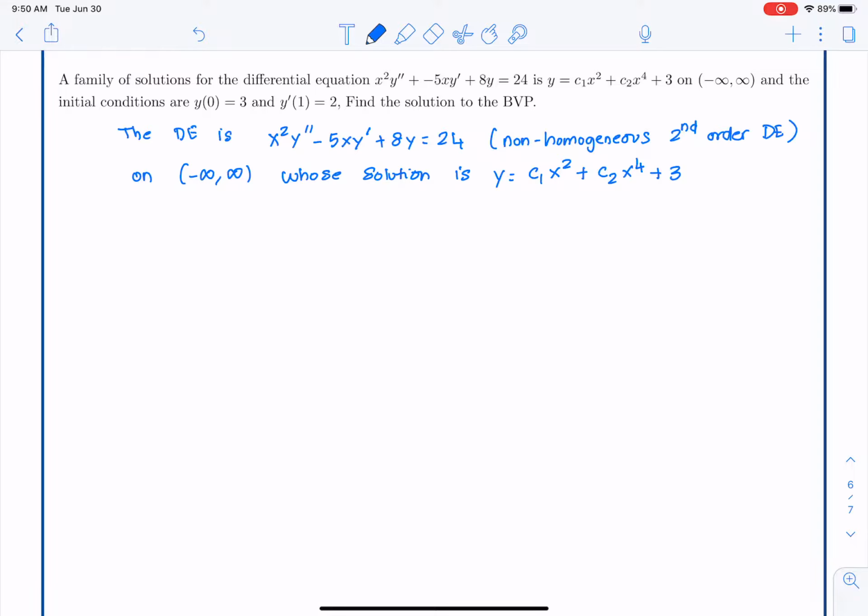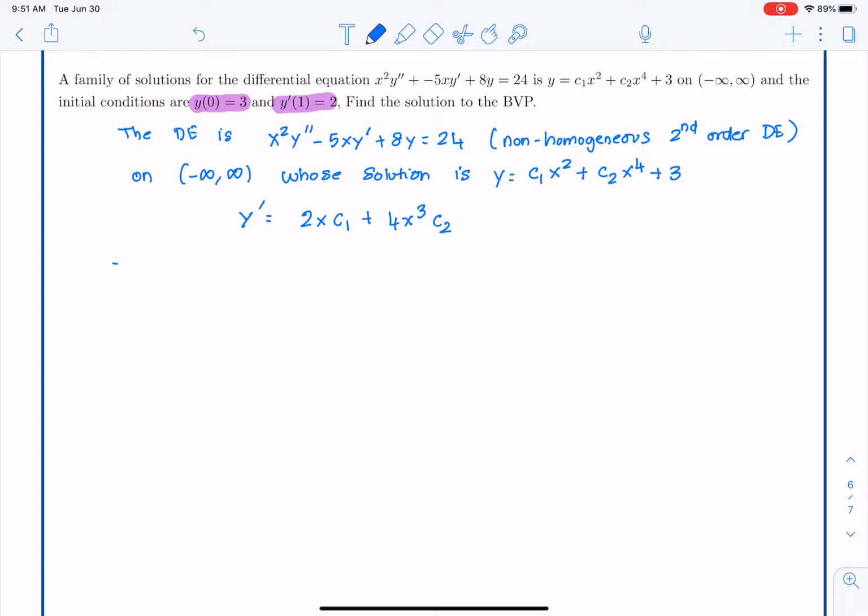We need to find the first derivative because one of the conditions is defined on the first derivative. So the first derivative would be: derivative of x squared is 2x, so we have 2x c1. Derivative of x raised 4 is 4x cubed, so 4x cubed times c2. Derivative of the constant is simply 0.